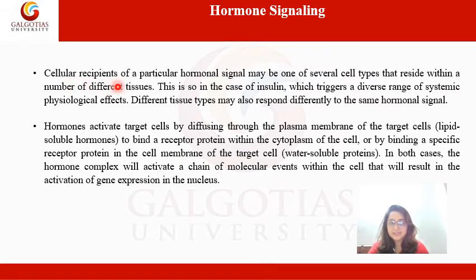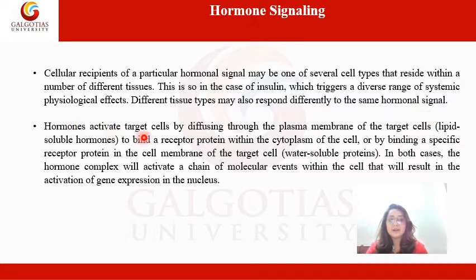Cellular recipients of a particular hormonal signal may be one of several cell types that reside within a number of different tissues. This is so in the case of insulin, which is secreted by the pancreas and triggers a diverse range of systemic physiological effects. Different tissue types may also respond differently to the same hormonal signal.